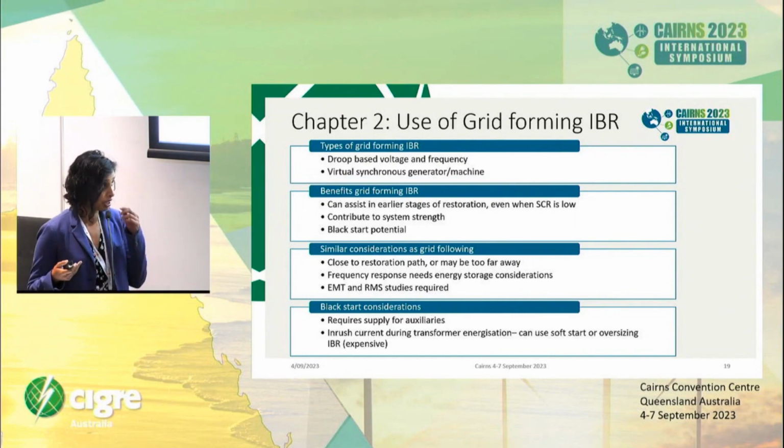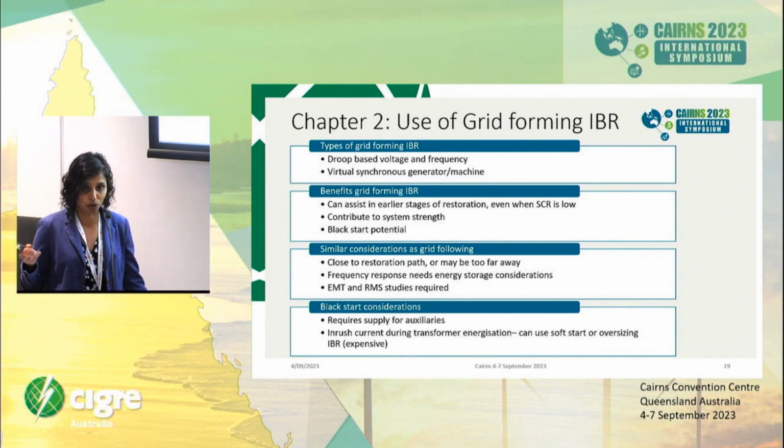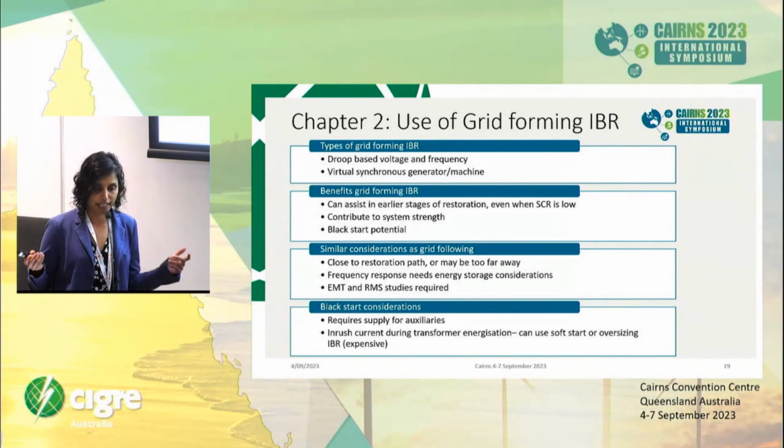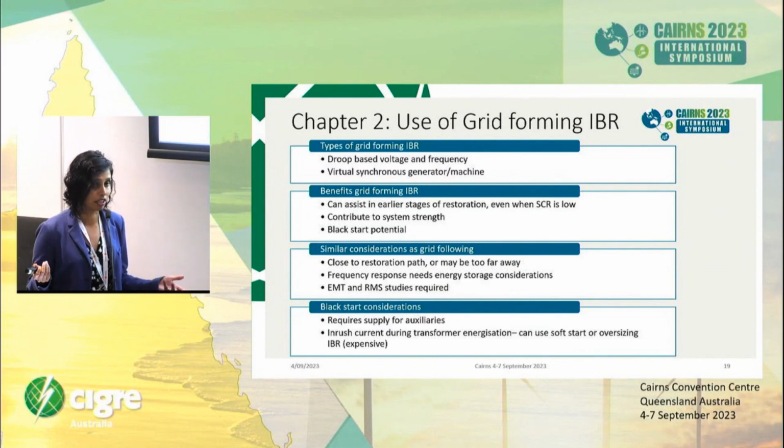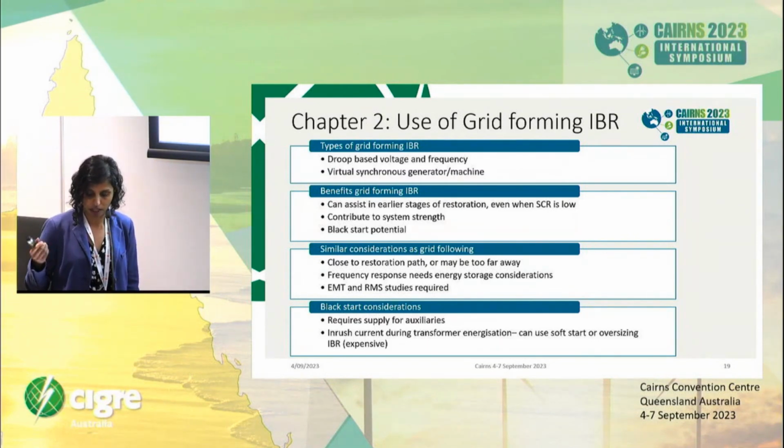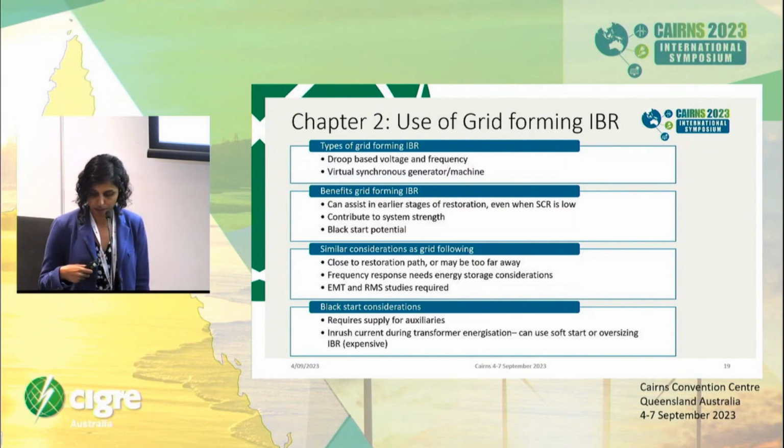However, there are still similar considerations for grid forming IBR, because ultimately there's a renewable source behind it. So where they exist on the restoration path is a consideration. Again, frequency response is a consideration of the energy source, and so you might need to consider, say, a battery energy storage system along with the grid forming inverters.